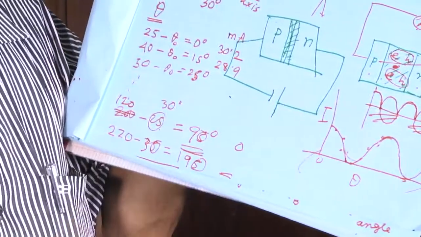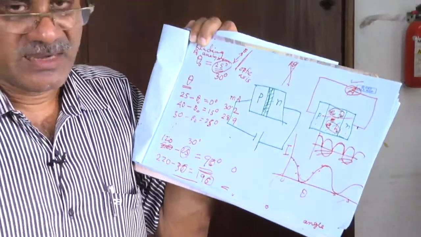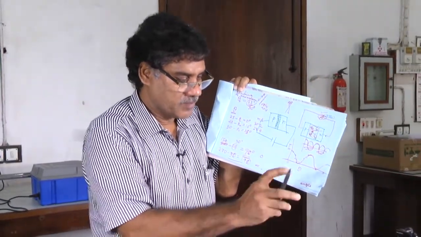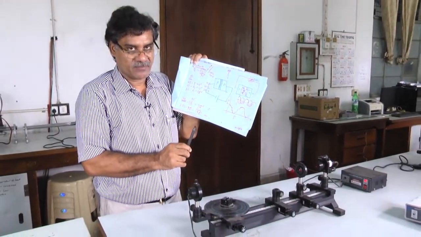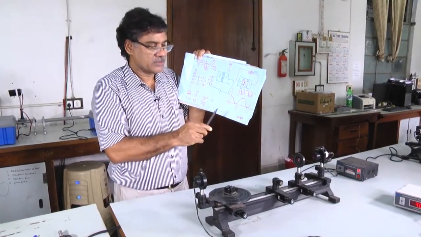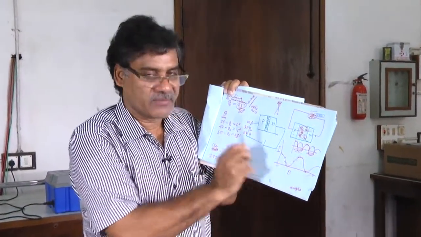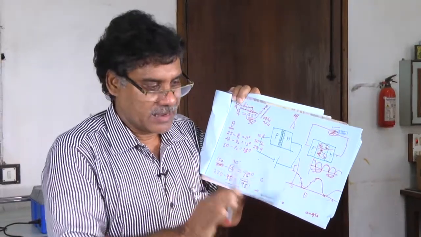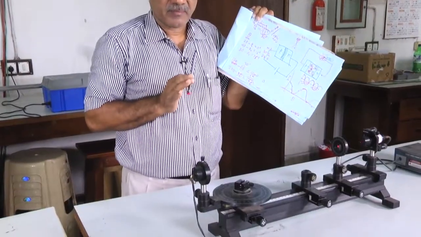So the intensity of polarized light, making angle theta with the optic axis of the polarizer or analyzer, varies following the cos square theta formula, and that is the Malus law. This is the verification of Malus law.